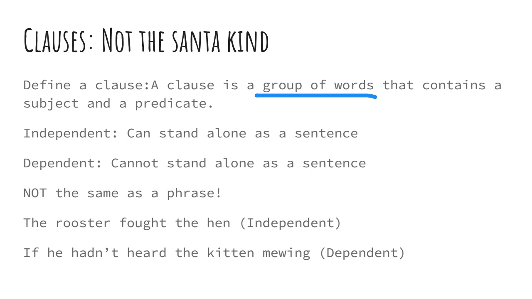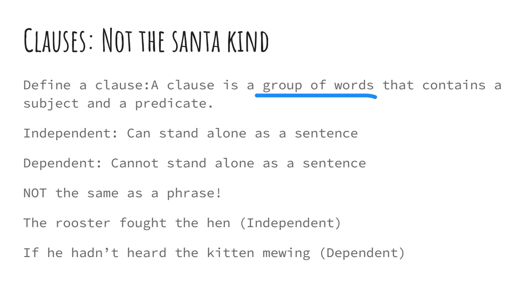Now you might be tempted to think, well, isn't that the same as a sentence then? Doesn't a sentence have a subject and predicate? And you would be close. But as we learned in Grammar 1, a sentence is a group of words that not only contains a subject and predicate, it also expresses a complete thought.